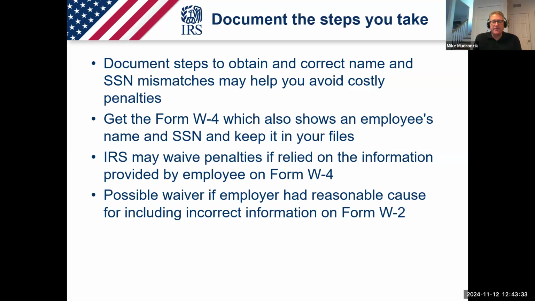If you relied on the information provided by your employee on their Form W-4 to prepare their Form W-2, the IRS may waive penalties. The law does allow a waiver of penalties where an employer had reasonable cause for including incorrect information on Form W-2.